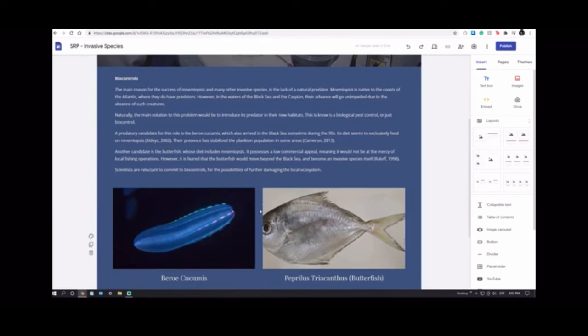This is the main reason that biocontrols are a very controversial, I guess you could say, method of trying to control invasive species, because if you just introduce species after species, you might just make the situation worse.